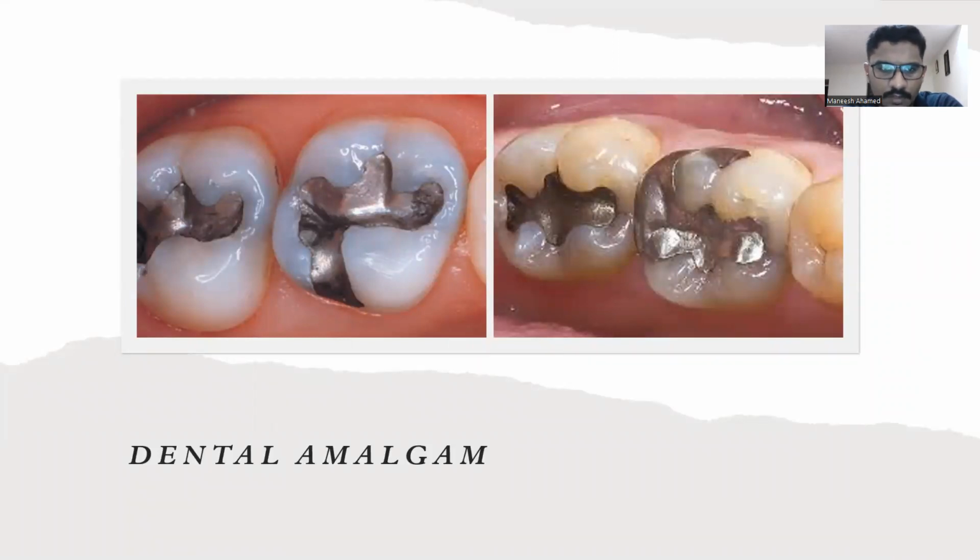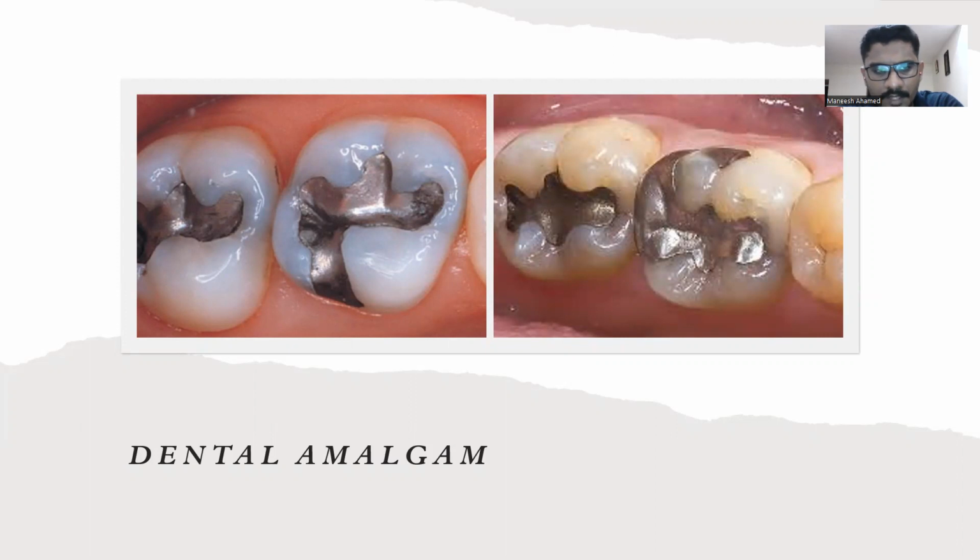It is a very old material which was introduced about 100 years ago. Initially, there were several formulas for it, and later on, the technique was refined. G.V. Black played a major role in determining a definite composition for the dental amalgam.